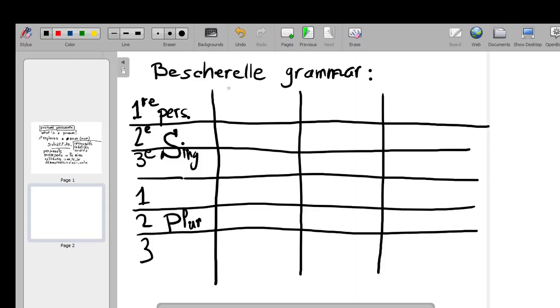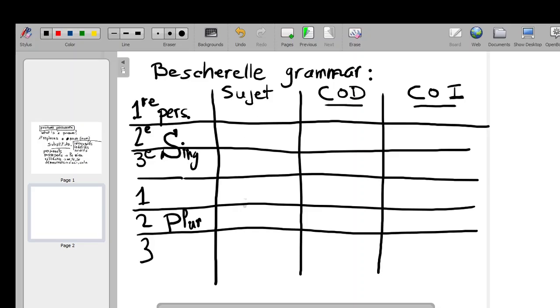So sujet, if the function in the sentence is sujet, COD, complément d'objet direct, et COI, complément objet indirect. So complément d'objet direct is when you answer the question qui or quoi, and COI, de qui, de quoi, à qui, à quoi, etc. But I assume you already know this. Complément objet direct, complément objet indirect.